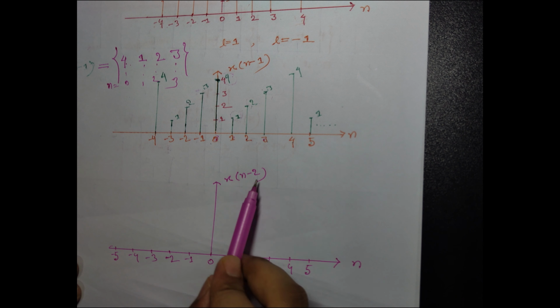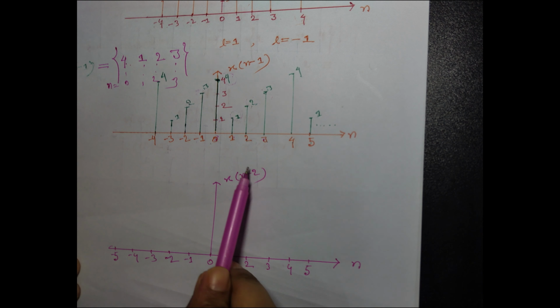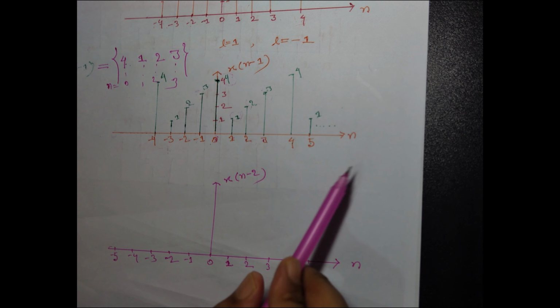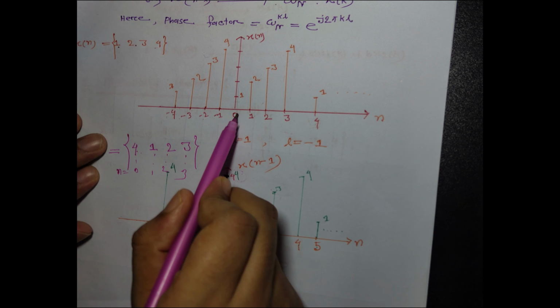For a shift of 2, the signal will be shifted to the right by two places relative to the previous signal.